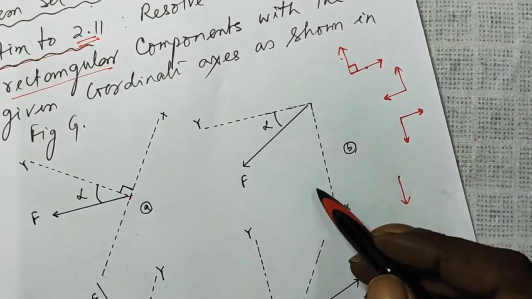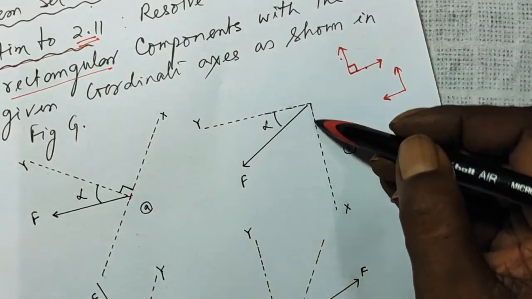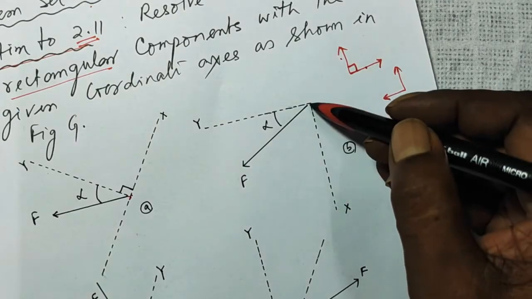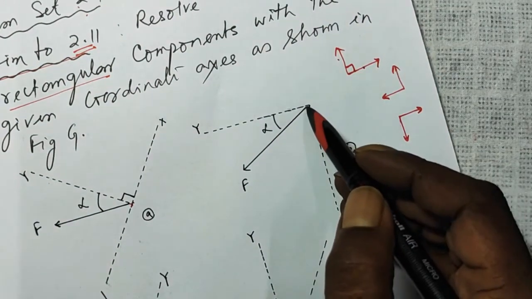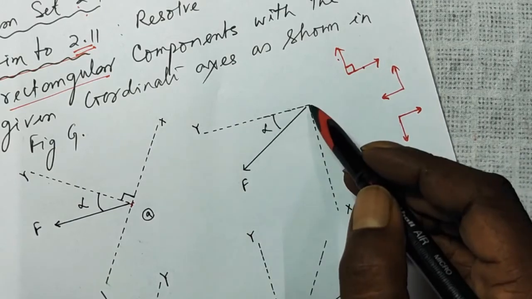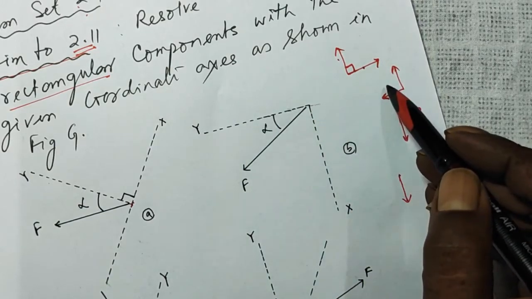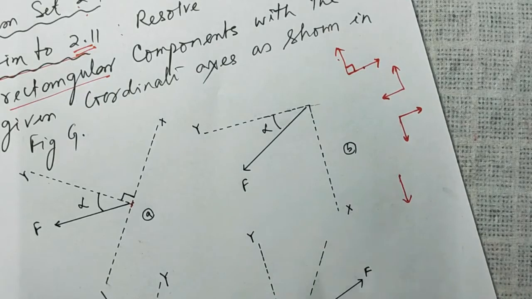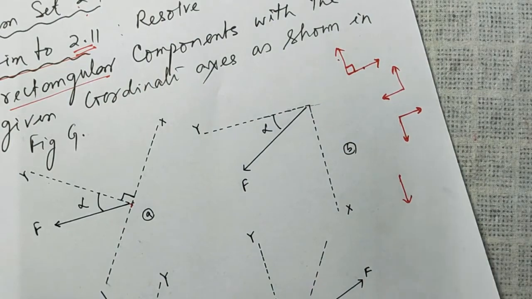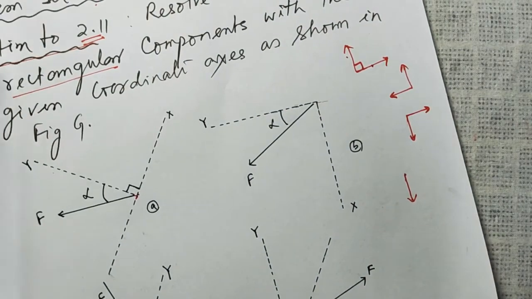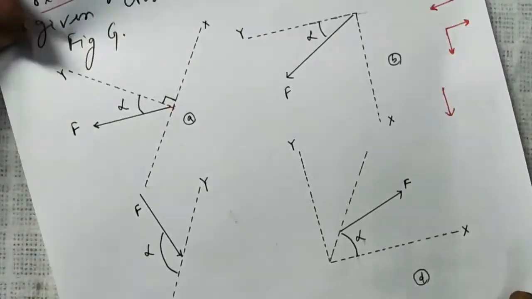Similarly, in the second diagram, this side is positive x-axis. From this point upward is your negative axis, and this is your positive y-axis. So this will be your negative y-axis. Only the positive x-axis and positive y-axis are shown as dotted lines. Then you have to imagine where the negative x-axis and negative y-axis are.